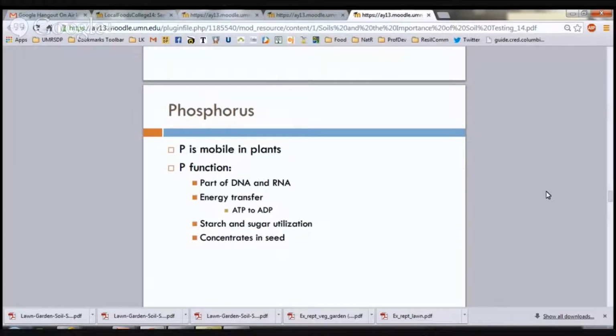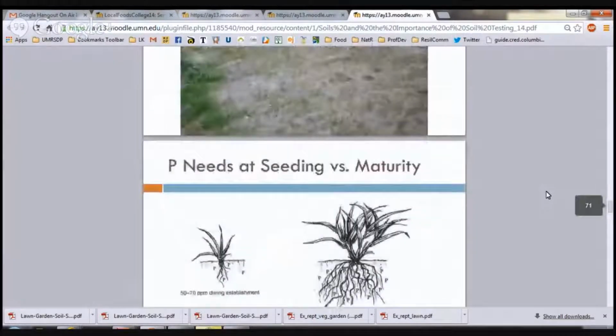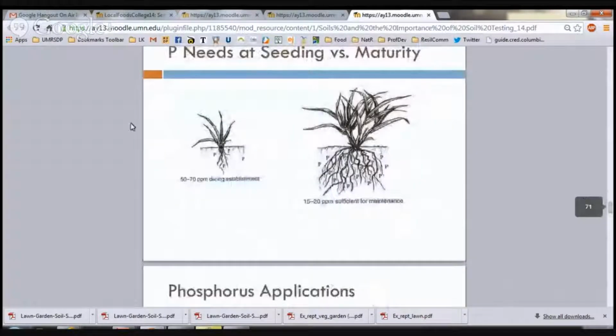When you take your soil samples for phosphorus, I would be careful that you're not going down too far. That 0 to 3 or 0 to 4 inches is great. I wouldn't go down to 6. The reason why, if I can pull it up here, is this picture. When you have initial germination and development, you don't have the root system to be able to acquire phosphorus further down in the profile, which you'd expect with a mature plant.